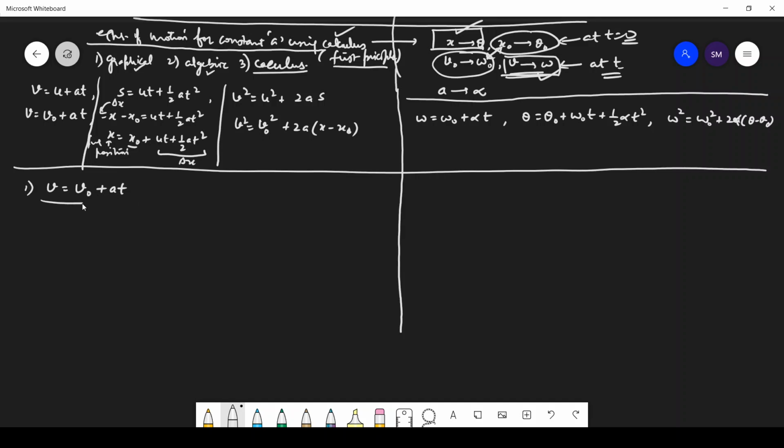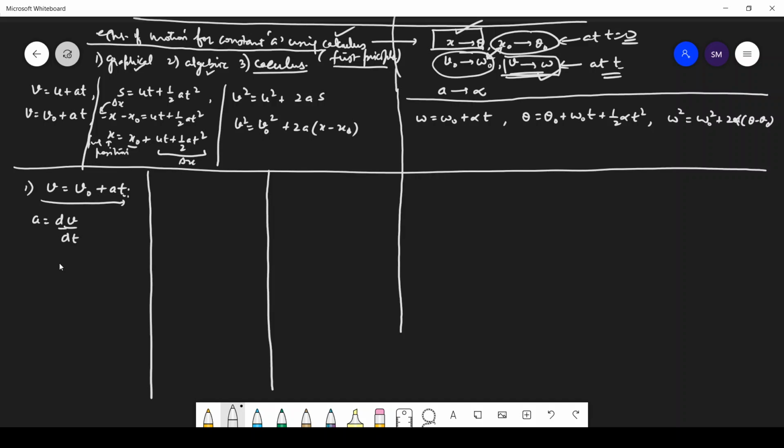So suppose this is the first equation of motion that we are going to derive. We'll be deriving all three equations of motion. Now students, we have the formula a is equal to dv by dt.